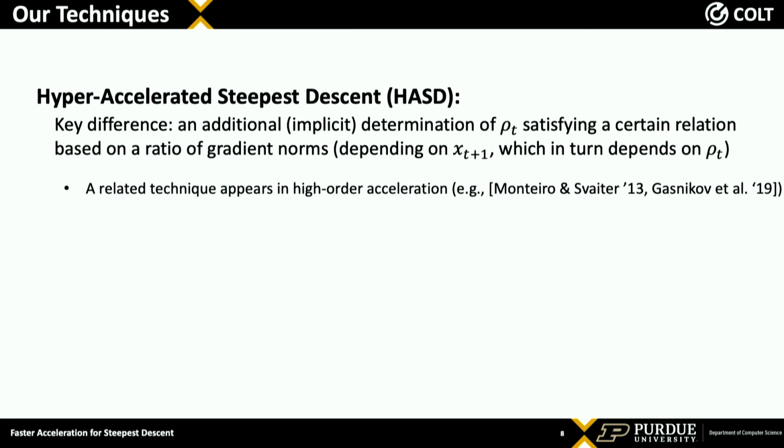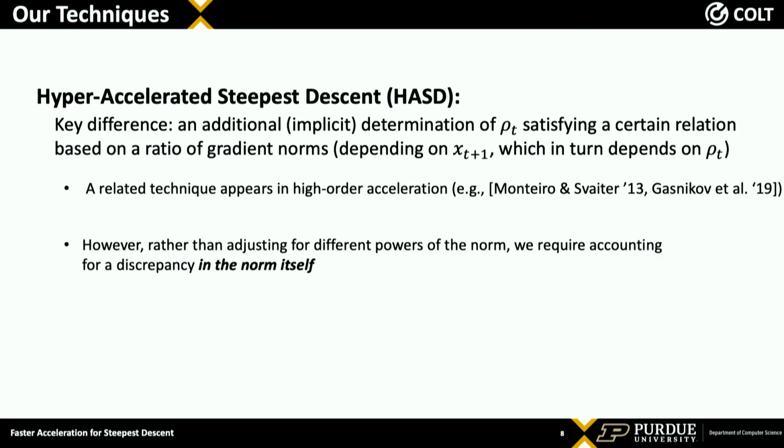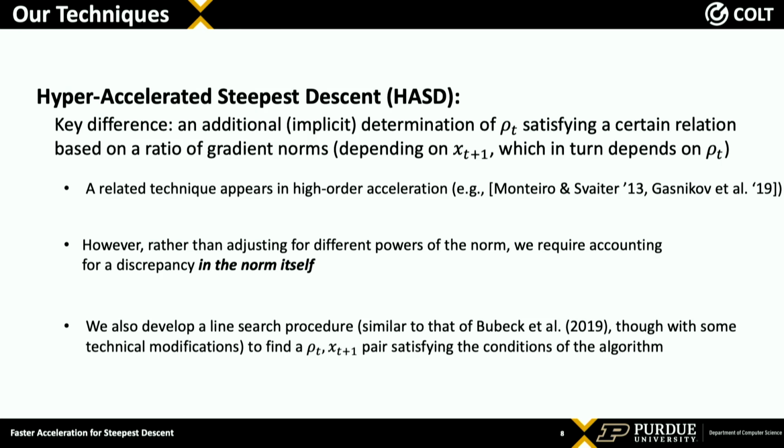Whereas something similar appears in Monteiro-Svaiter acceleration, right? The key difference is that rather than adjusting for a difference in the power of the norm because of how the rho relates to what it is supposed to depend on, right? Here we're accounting for discrepancy in the norm itself, right? So we're accounting for discrepancy between the 2 norm and the p star norm.